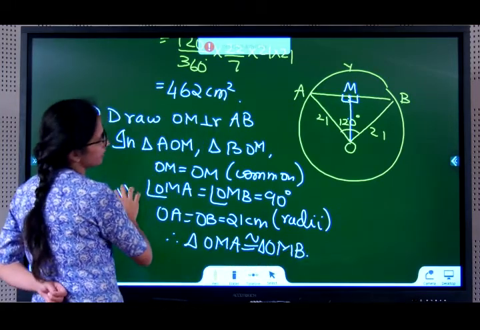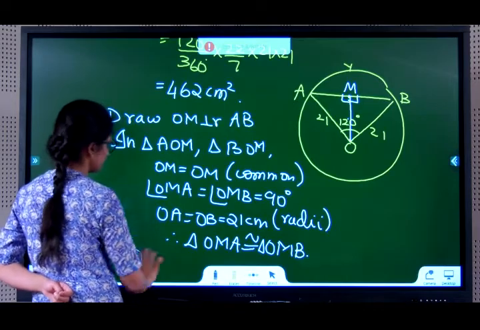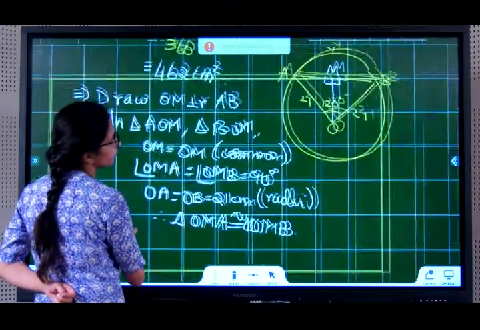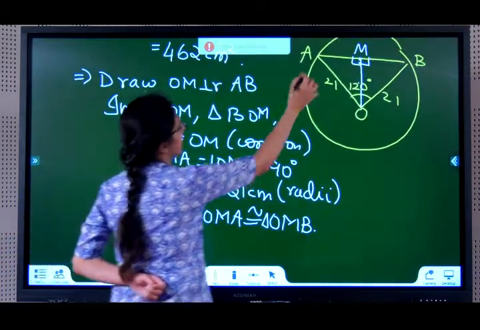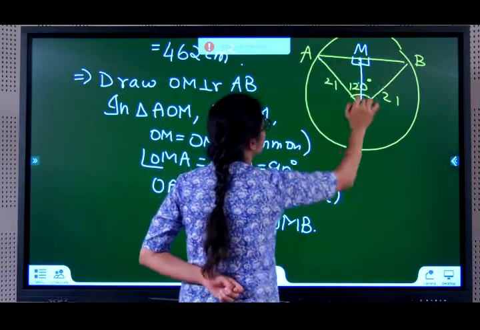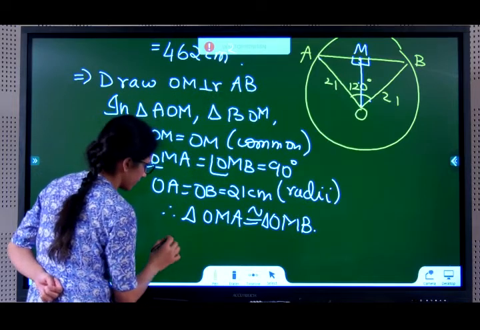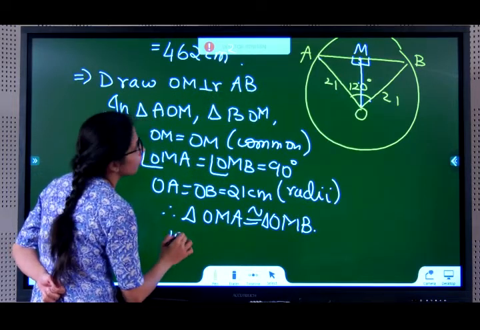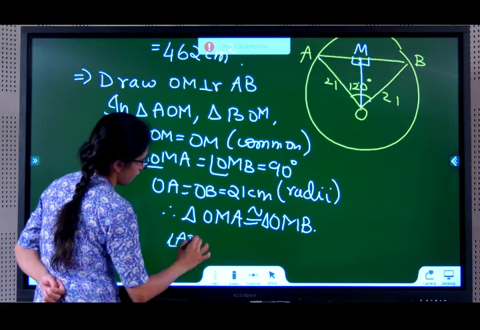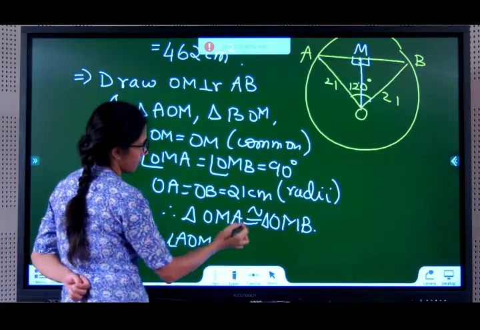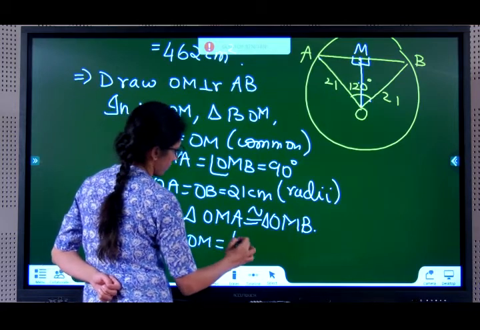Therefore, can I say angle AOM is equal to angle BOM? Yes, I can. Why?